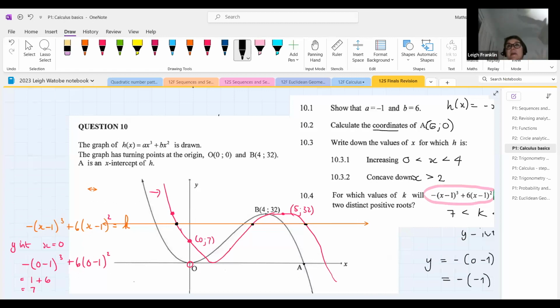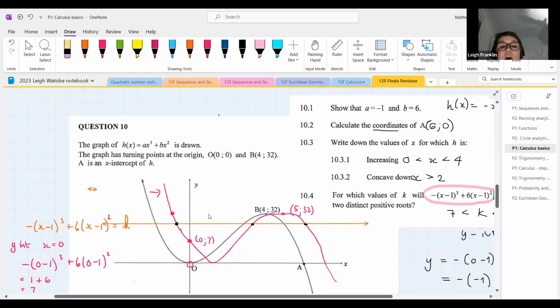So positive roots means where the straight line is cutting the cubic function on the positive x-axis. A negative root means that the horizontal line is cutting the cubic function in a place where x is negative. So that would be in the second quadrant. Now, I've got a limit because I can't go above the turning point because then I don't get what I want. So between that turning point and the x-axis over here, again, now I've got 2 positive roots.